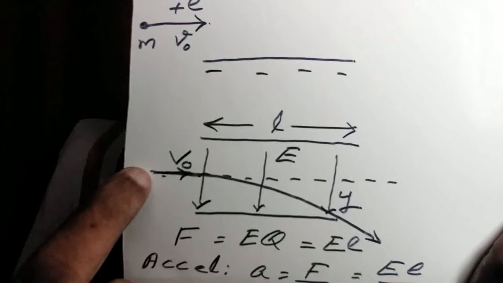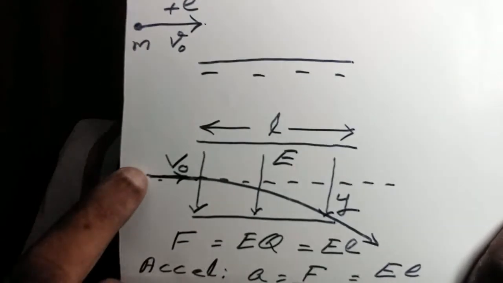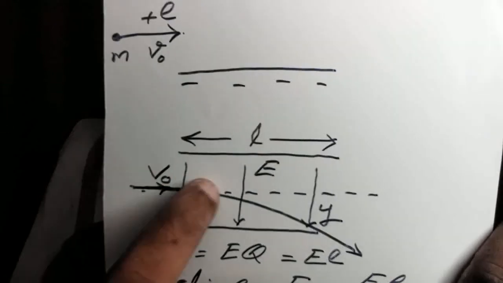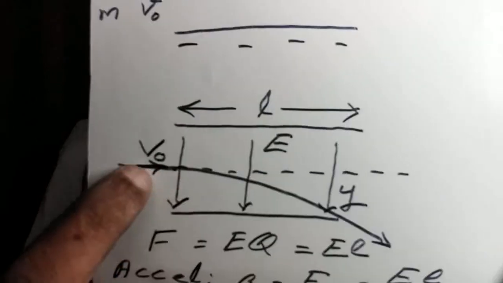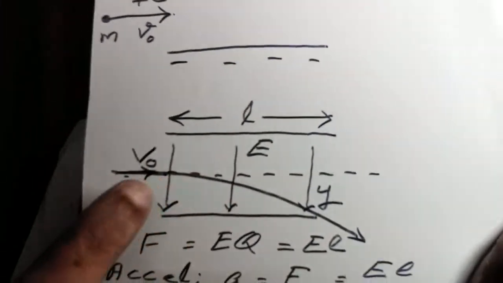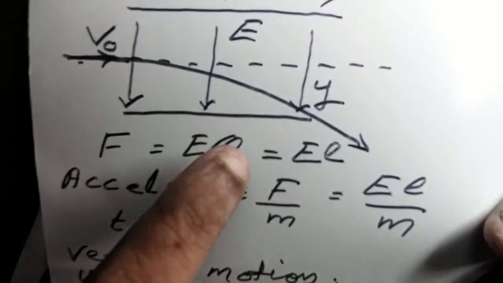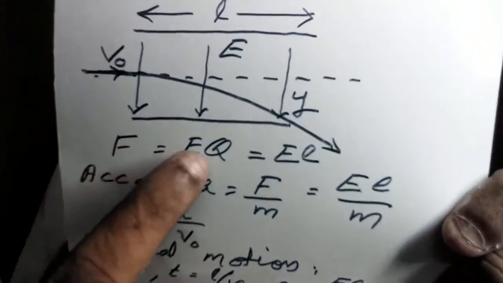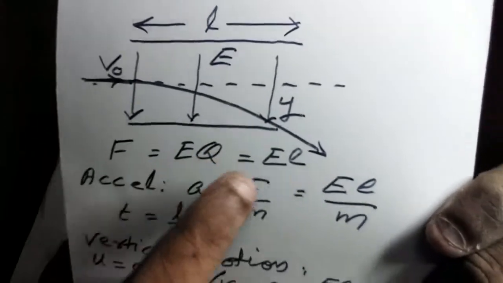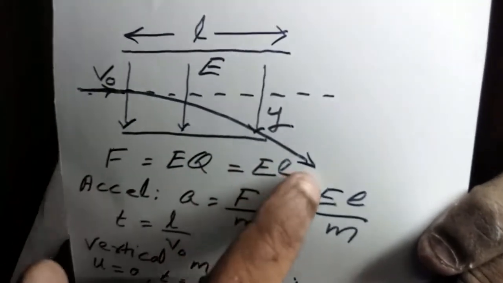And the initial state of the proton is, it is moving in the horizontal direction with velocity v0. As it enters the field, it will experience an electrostatic force given by F equals E into Q, because E equals F by Q. Charge of proton is plus e, small letter e. So F equals E into e.